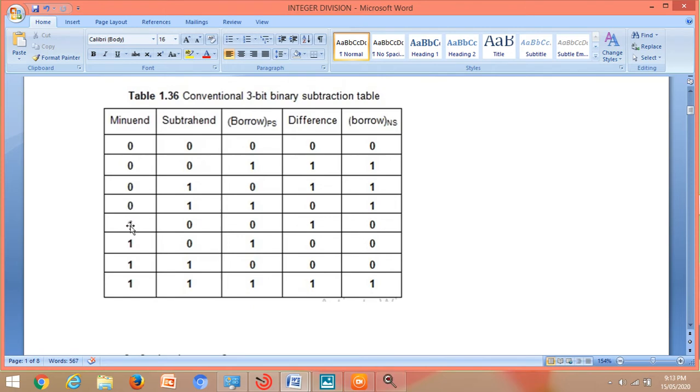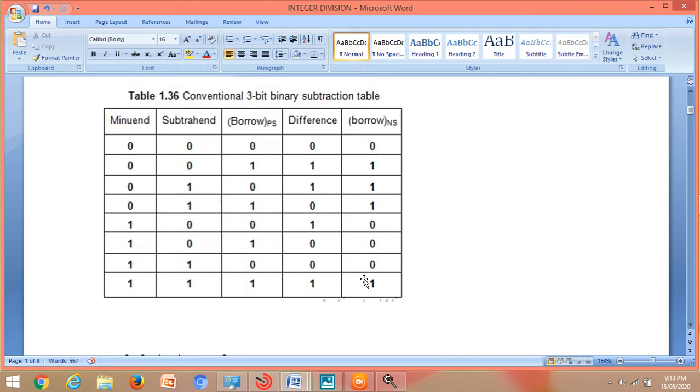Now come to the next row. 1 minus 0, the answer will be 1, and 0 minus 0, borrow will be 0. Straightforward. 1 minus 0 minus 1, the answer will be 0, 0. Similarly 1 minus 1, answer will be 0.